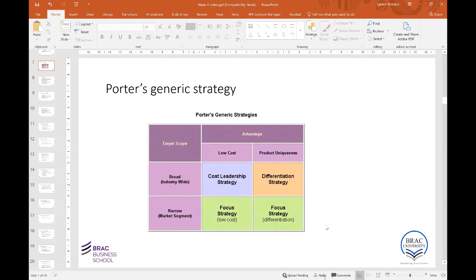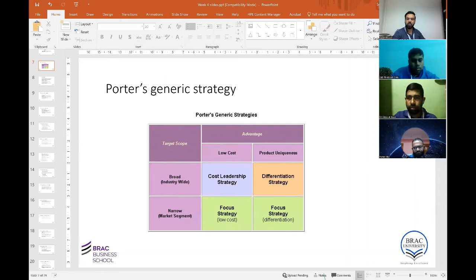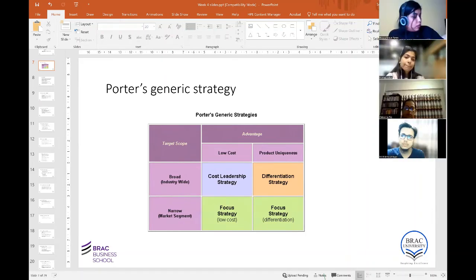So this is another complex matrix. We just need to compare whether we are offering this at an industry-wide scale, or just at the scale of a specific market or local, or a narrow segment that we need to consider.